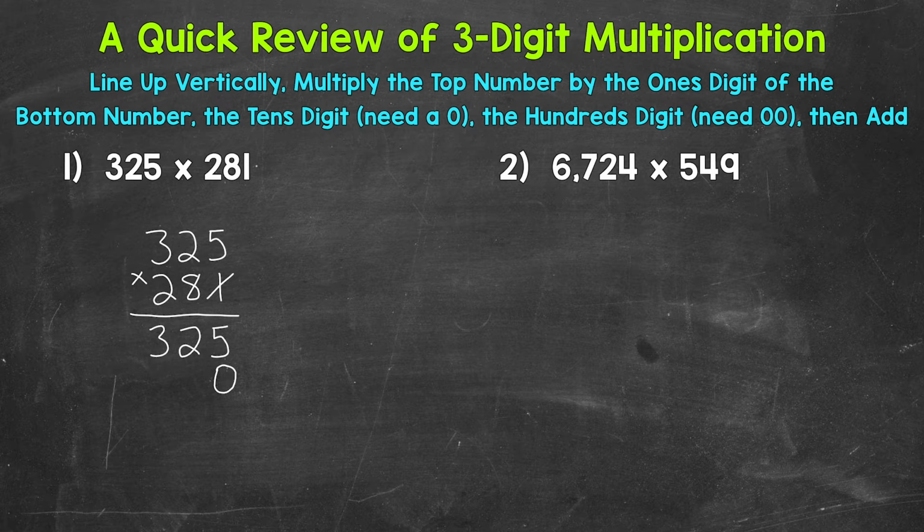Now we can multiply. So 8 times 5 is 40. So we have another 0 here and carry the 4. Then we do 8 times 2, which is 16, plus 4 is 20. So another 0 and carry the 2. And then we have 8 times 3, which is 24, plus the carried 2 is 26.